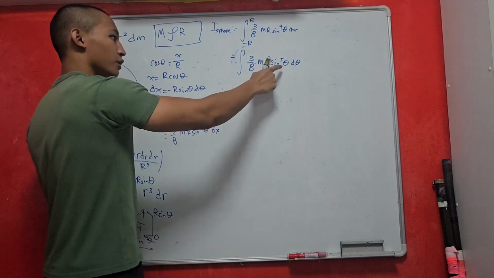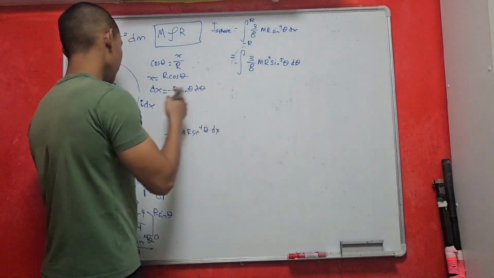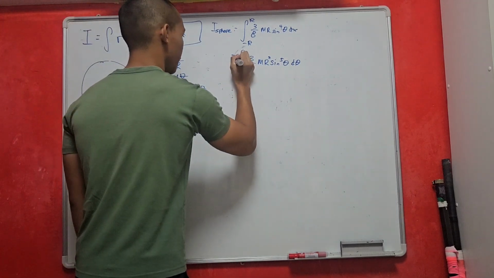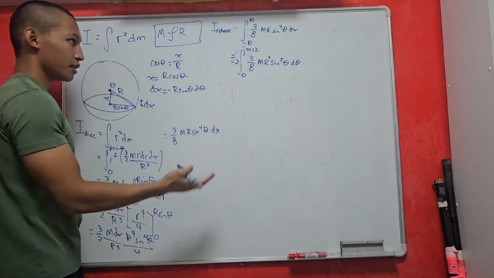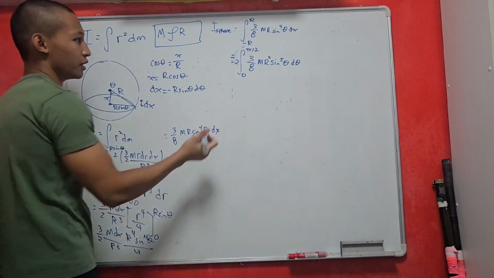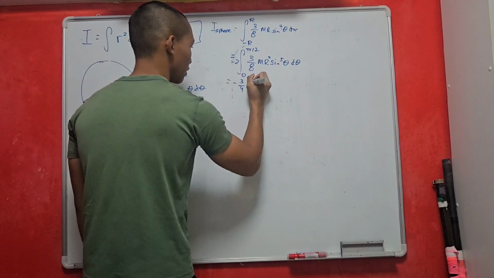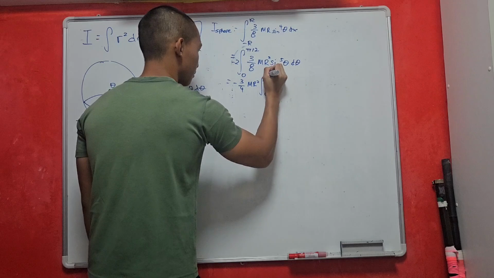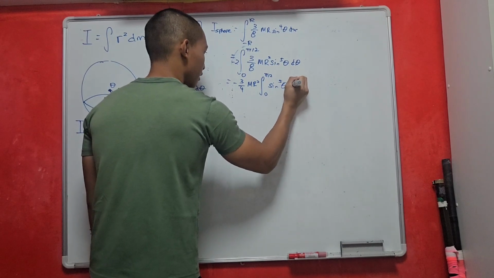And now because we're working with d theta, instead of going from this angle to this angle, we can just times 2. So minus 2 from 0 to pi over 2. So this is the expression that we're working with. And you realize this is just negative 3 over 4 m r squared, from 0 to pi over 2, sine power 5 d theta.